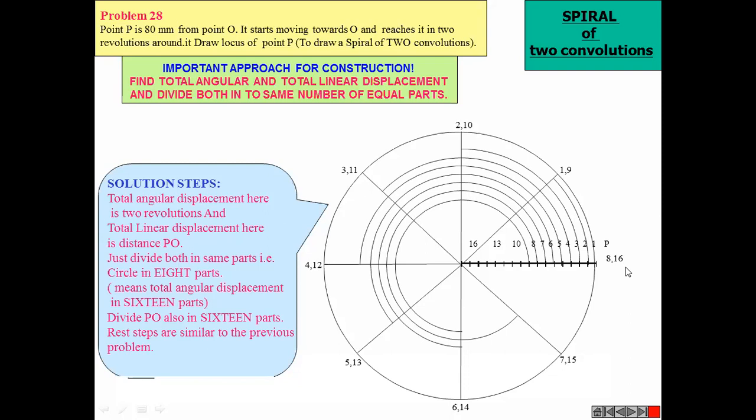This is one convolution complete. Now this is second convolution, like this. Understood? So first point, second, third, fourth, fifth, sixth, seventh, eighth, ninth. Then again it will start second convolution. First, second, third, fourth, fifth, sixth, seventh, and center. That's it.